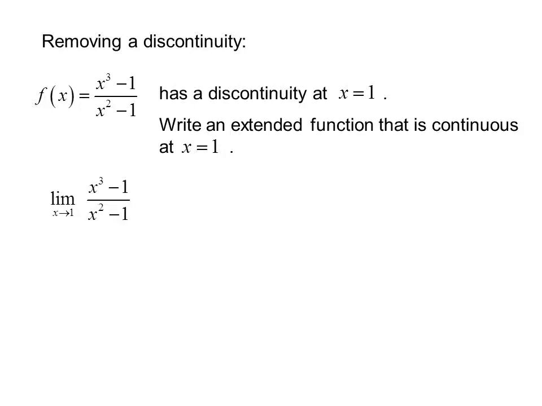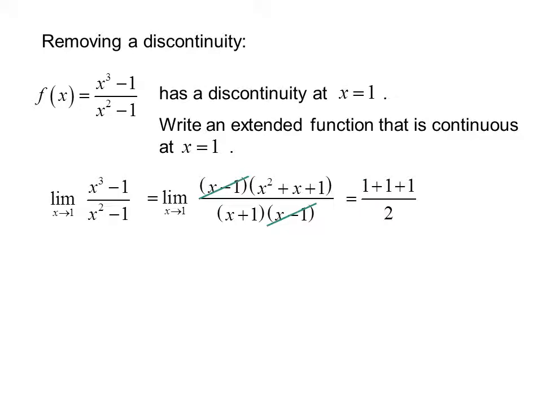If we take the limit as x approaches 1 of x cubed minus 1 over x squared minus 1, we can factor the numerator and denominator and cancel out the x minus 1. Now we can evaluate the function, and we get a value of 3/2. So a y value of 3/2 would fill the hole.